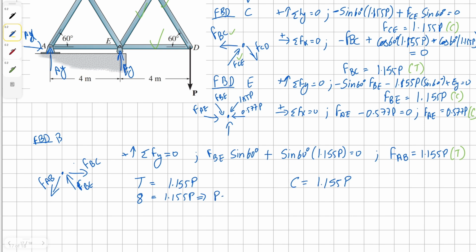Solving for P, we get our solution for P with maximum tensile force as 6.926 kilonewton. For compressive force, we know the maximum compressive force we can have is 6 kilonewton. Solving for P here, we get our solution as 5.196 kilonewton. Therefore, the lowest of these two values will prevail. Otherwise, our compressive force will be more than 6 kilonewton if we decided to take 6.926.